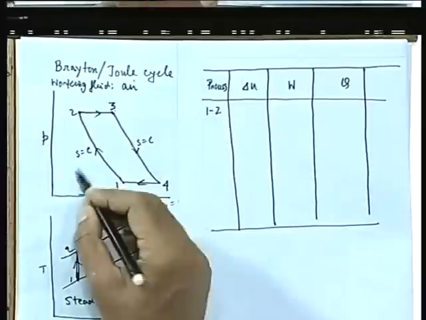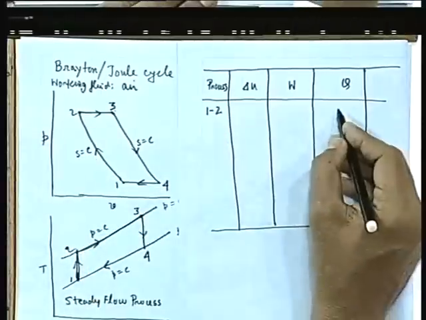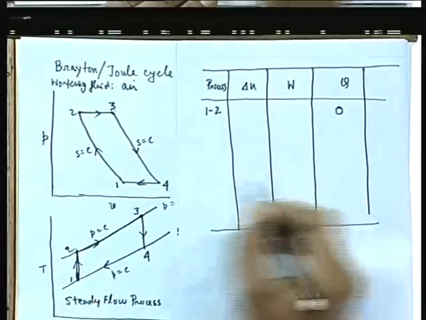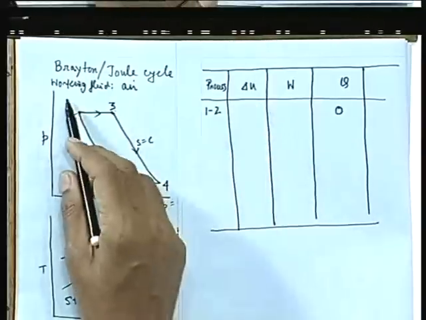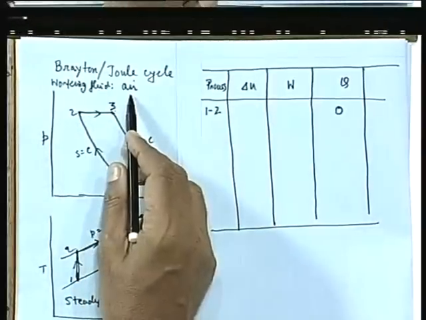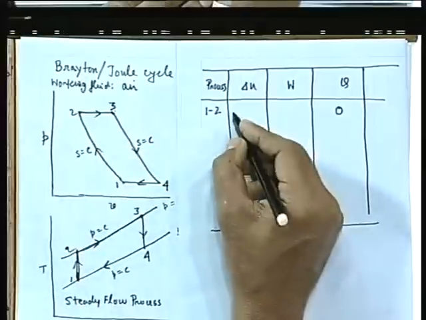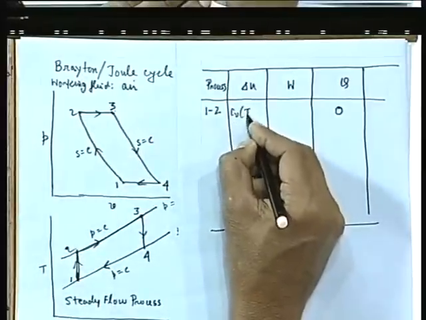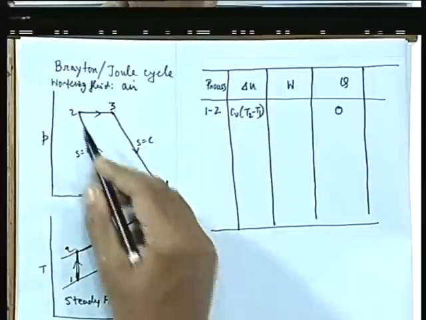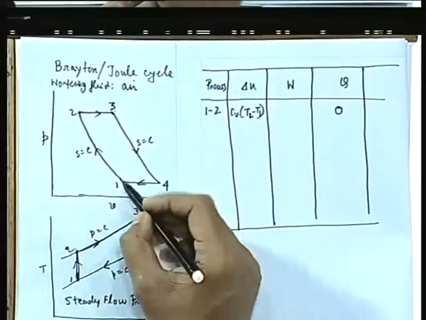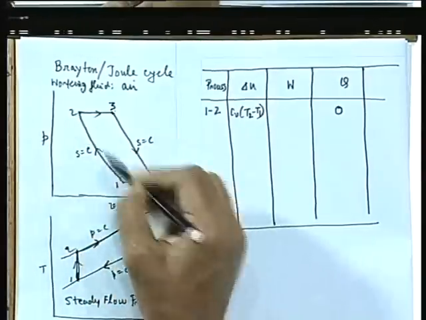1 to 2 is an isentropic process. So therefore at the first instant Q will be 0, because there is no heat transfer. Now what will be the change in internal energy when we consider the working fluid as air, which is an ideal gas? The change in internal energy is simply Cv times T2 minus T1, all right. Now what will be the work transfer? This is a steady flow process, the process in the compressor.